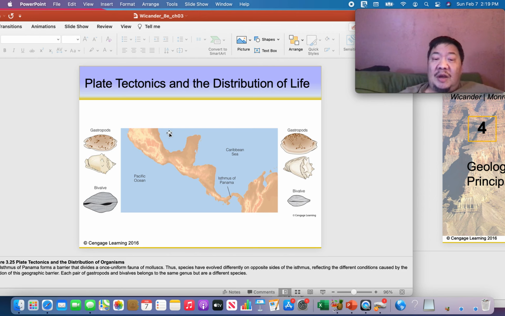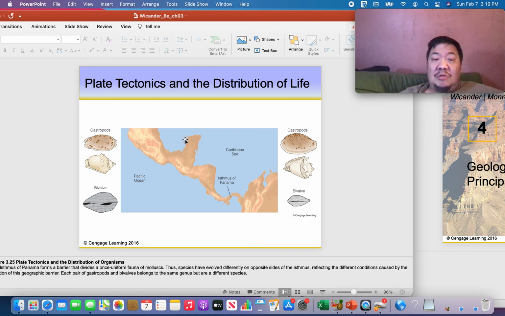When North America collided with South America 3 million years ago, a land bridge between South America and North America was formed. And this land bridge is what we call Central America. Panama, Guatemala, Nicaragua, Costa Rica, this area did not exist 3 million years ago. It was formed by the collision between North America and South America 3 million years ago.